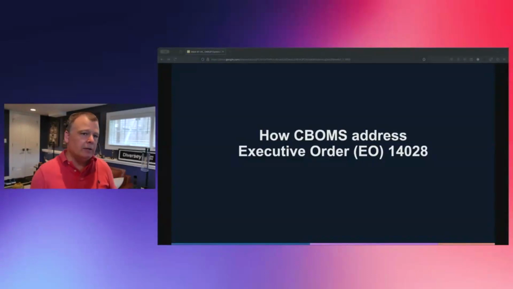Well, 218A is currently in development. 218A is essentially SSDF for generative AI and dual use models, right? So it'll ultimately be a requirement for anyone selling to the government that have AI in their software to also have that AI be conformant to SSDF.